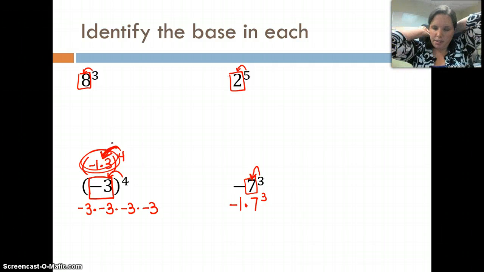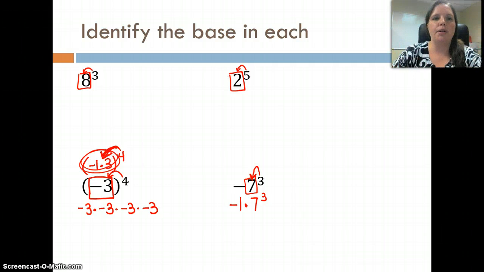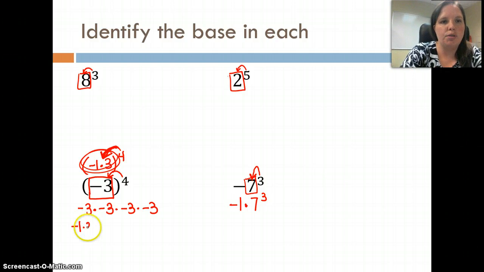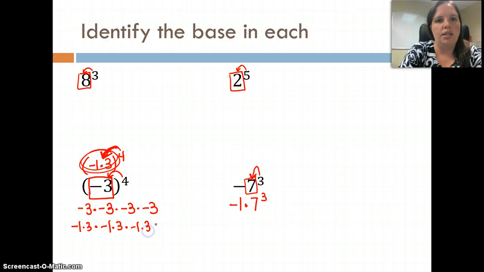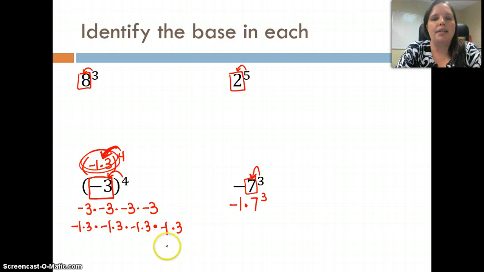The exponent is applied to both parts of that number, so whether you separate it out as -1 times 3 or you keep it as -3 repeating, it ends up being the exact same thing. So I could write this as -1 times 3 times -1 times 3 times -1 times 3 times -1 times 3. And it ends up being the exact same answer.